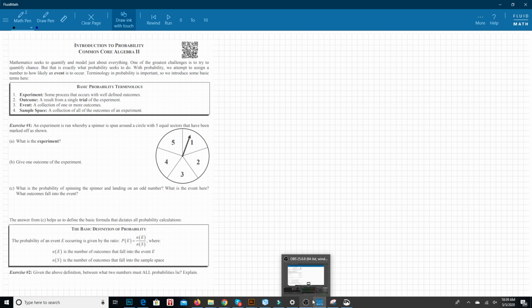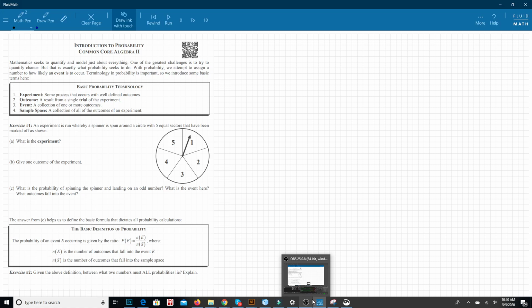Again, the event is a collection of one or more outcomes, right? So the probability here is going to be 3 over 5. What outcomes fall within the event? Well, the outcomes would be all the odd numbers in this event. See if that helps you out a little bit.